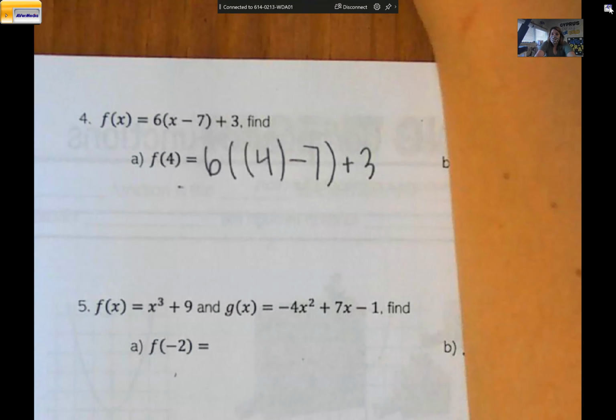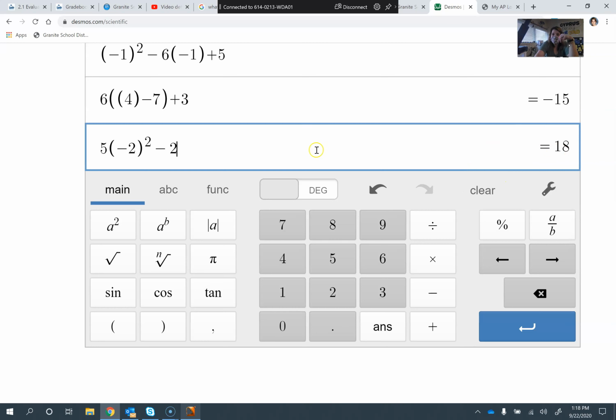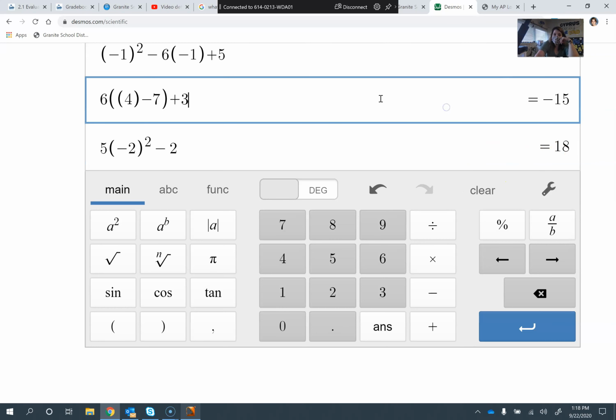And then in my Desmos, when I plug that in, I'm doing the same exact thing. It's this one right here, the middle one that you can see on my screen. I've plugged him in with parentheses, and I am getting a -15.